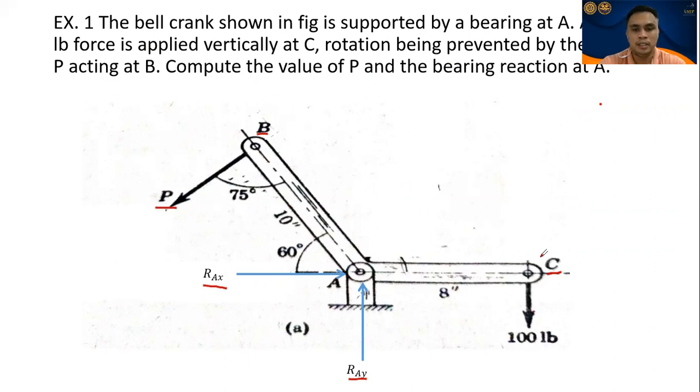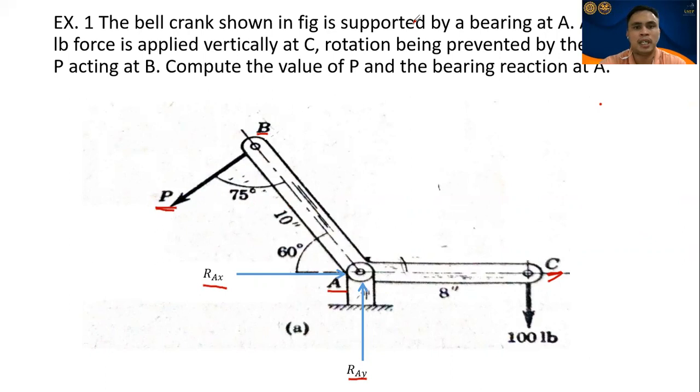So gi-state bali sa problem, class, kani ang force P, kani ang mo-prevent sa rotation sa atong bell crank. Okay? So ingon sa problem, ingon sa description ganina, tulo man ni ka coplanar forces, mao force P, force C, og reaction at A. Tulo man ni ka forces nga ga-act sa coplanar nga plane.